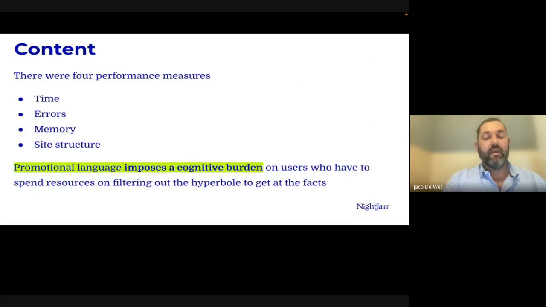One of the things they distilled it down to was that promotional language imposes a cognitive burden. I don't know about you, but I've got limited bandwidth when I read, and I can imagine that being overloaded with information that's not useful in this situation is a problem.